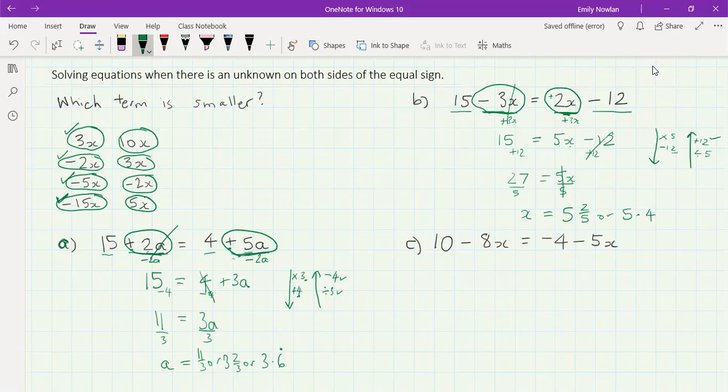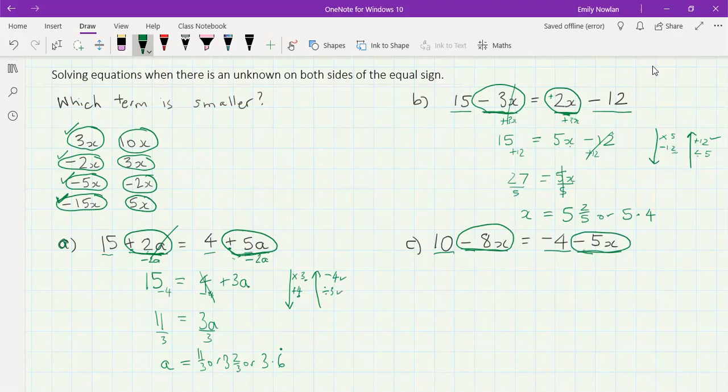Okay, last one to do. We've got 10 minus 8x equals minus 4 minus 5x. Lots of minuses here. Let's make sure they get connected to the right term. Minus 8x is one term with an unknown in it, and minus 5x is the other term with an unknown in it. So we've got minus 8 and minus 5.